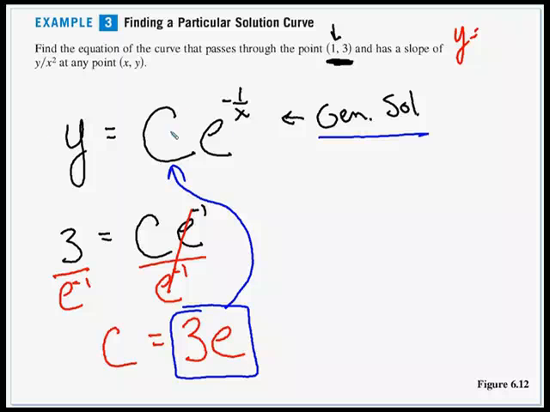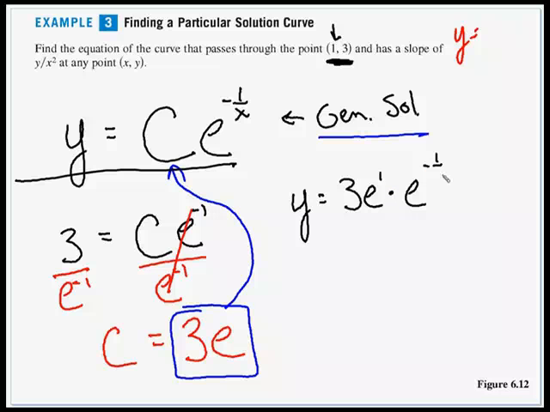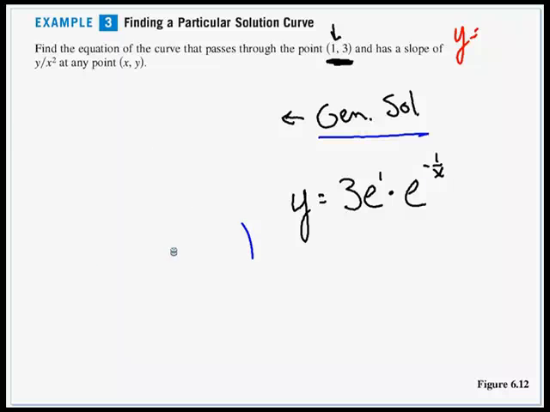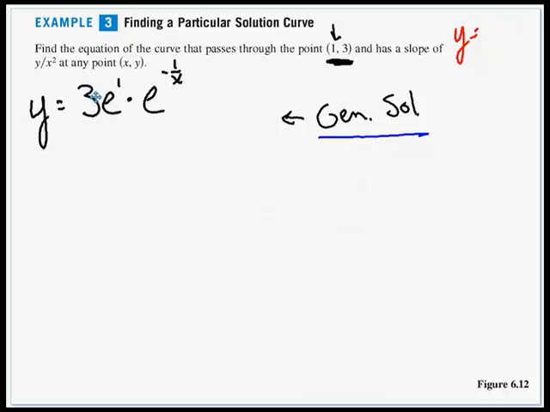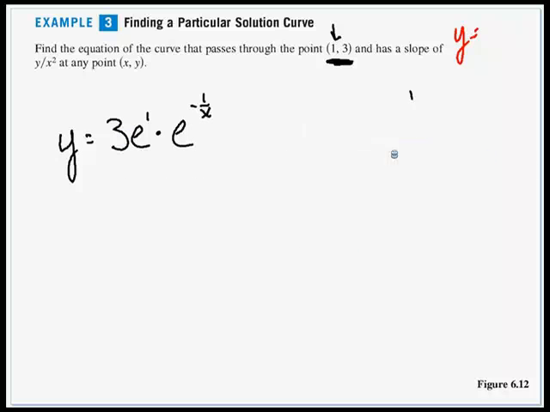So as we rewrite this with our new c value, y equals, c has been replaced with 3e to the first, times e to the negative 1 over x. We can work with that just a little bit more to get it to look a little more pretty. We are multiplying like bases, so we add the exponents.